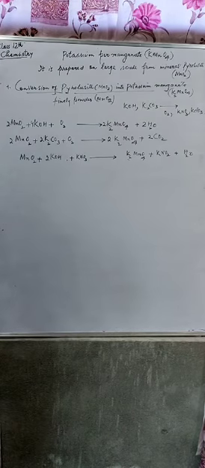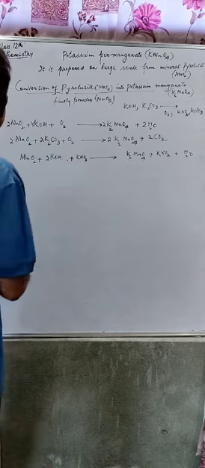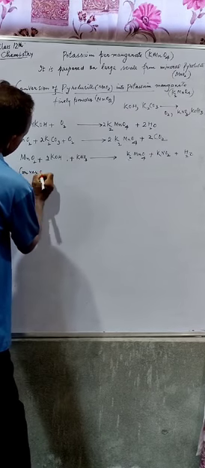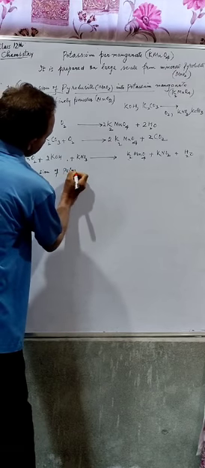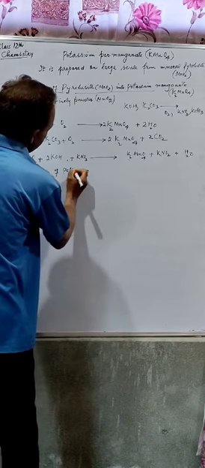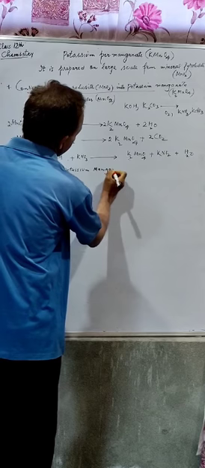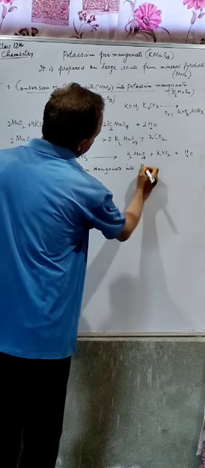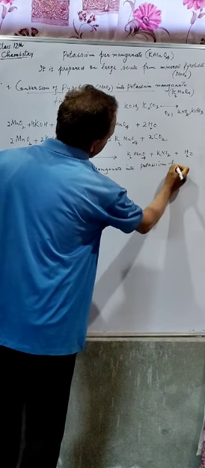So, in the first step, we have converted the pyrolusite into potassium manganate, and the second step is conversion of potassium manganate into potassium permanganate.